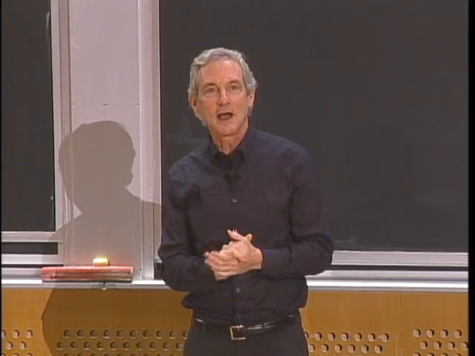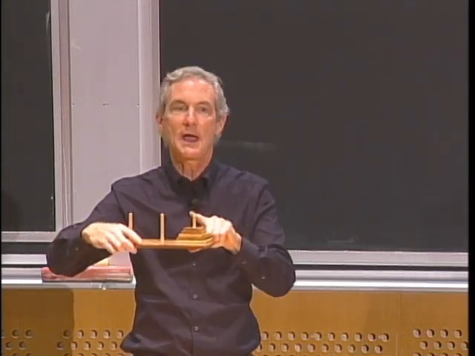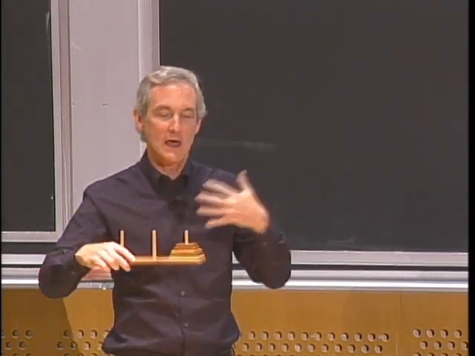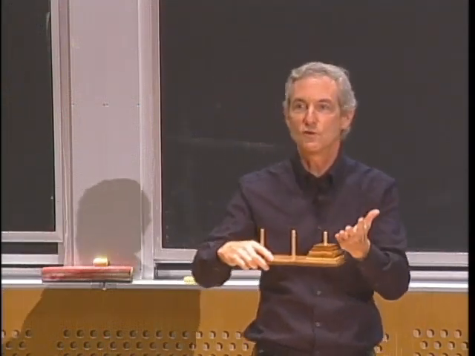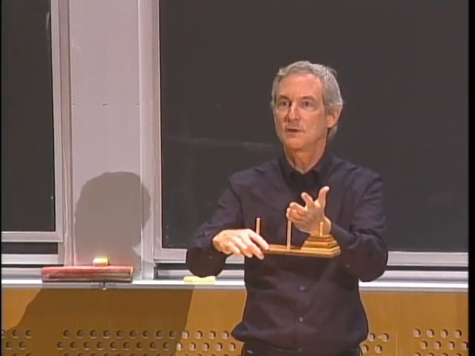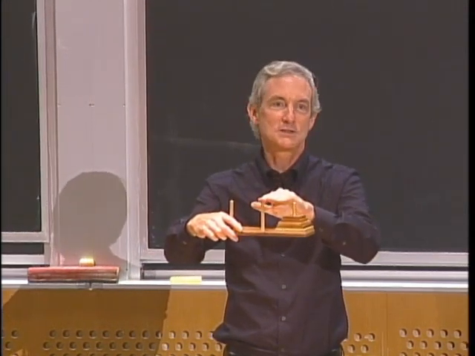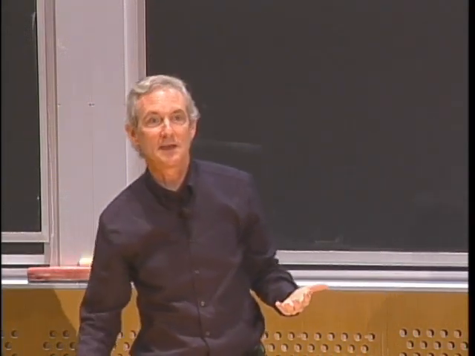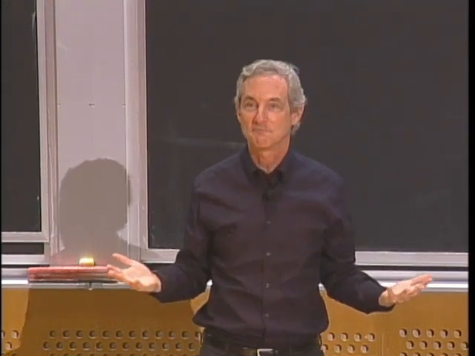And the story was, at the beginning of time, God placed the 64 disks on one of the 3 golden pegs, and he got an order of monks whose lifelong mission was to move the disks one at a time so that at the end all 64 disks were lined up on an adjacent peg. And according to legend, when that task was done, the tower would crumble and the world would end.